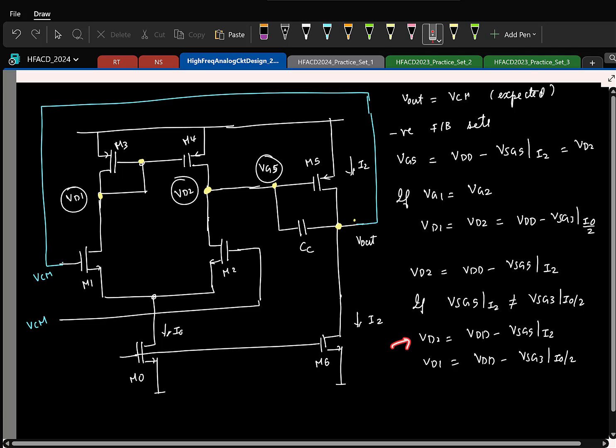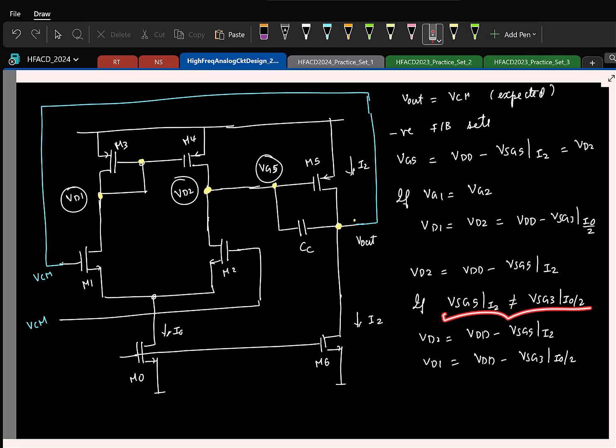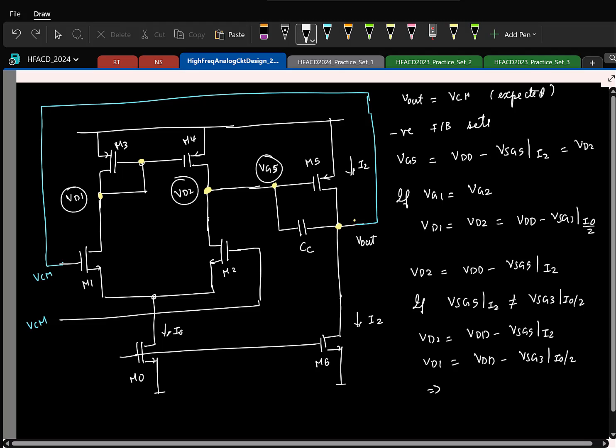So now you see that VD1 is no longer equal to VD2, if I design for this case. Okay. This argument okay? VD2 is the gate voltage of M5 and that is primarily set by the negative feedback loop to keep the current in M5 equal to I2. So that is what is setting this. And VD1 is set by this diode connection, which is whatever, VDD minus VSG3. And if the two VSGs are not equal, then VD1 is not equal to VD2.